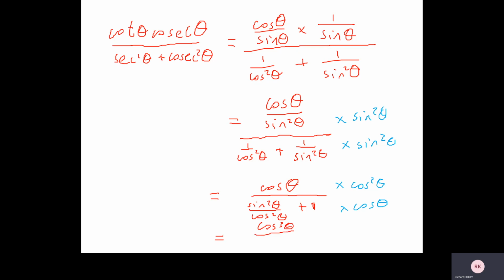The bottom is going to be sine squared theta plus cos squared theta. So I've got my cos cubed that I was aiming for, but what's on the bottom? Sine squared plus cos squared equals 1. So it equals cos cubed theta over 1, which equals cos cubed theta.